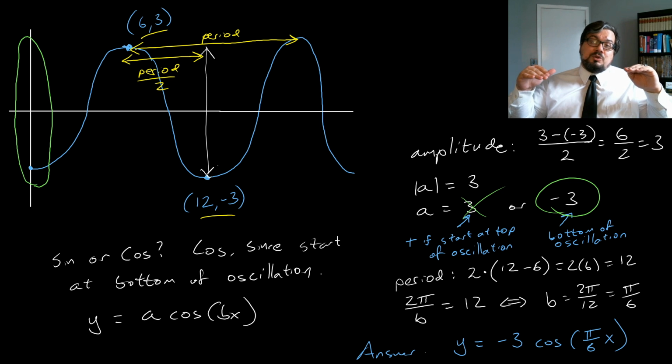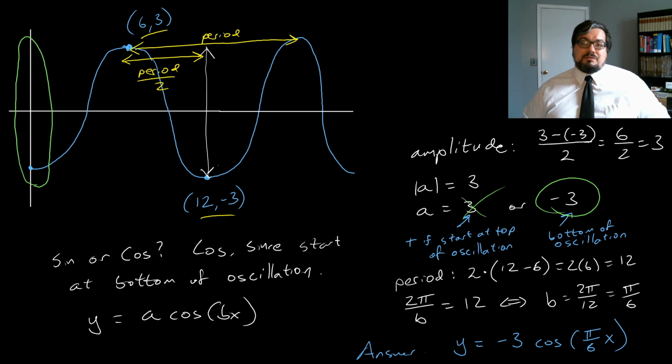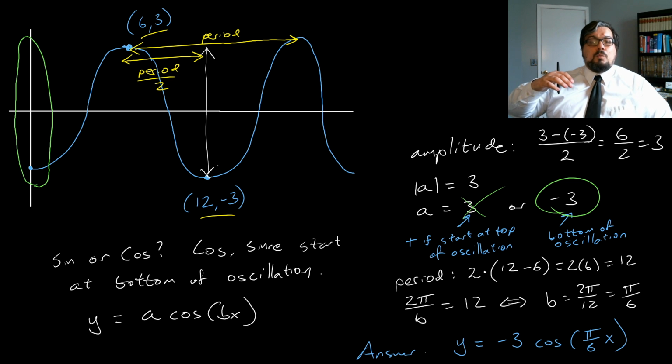And then at noon, at 12 p.m., it was 3 feet lower than average. And then, of course, 6 hours later, it'll be 3 feet higher, and so forth and so on. And so if you were in that situation and you wanted a function that you could plug any time into to find the approximate height of the water relative to the average, then that's what this function would give you.